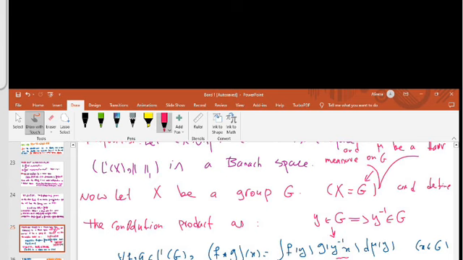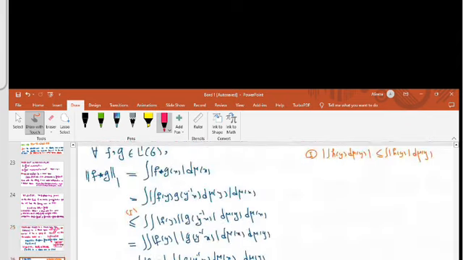Okay, you can omit this y. This measure is left invariant. Okay, so that is equal to the integral of f of y, then the integral of g of x d mu x, and then d mu y.